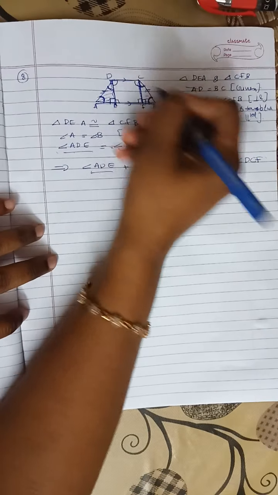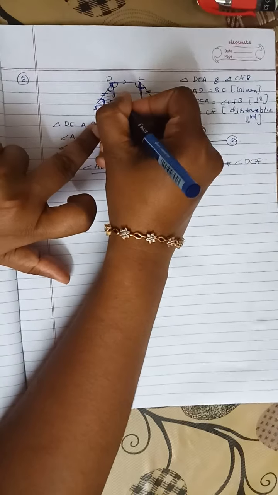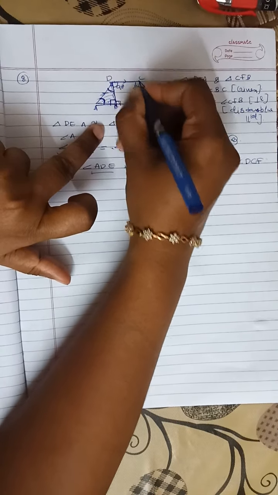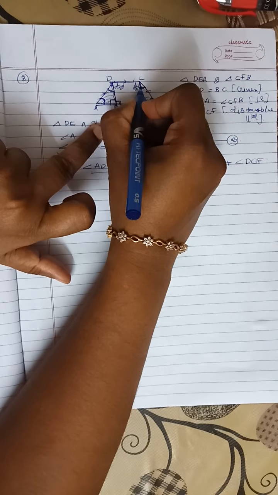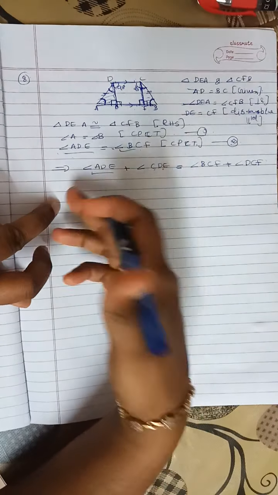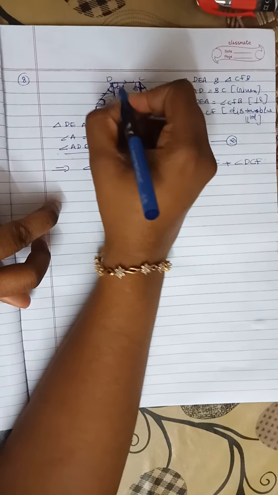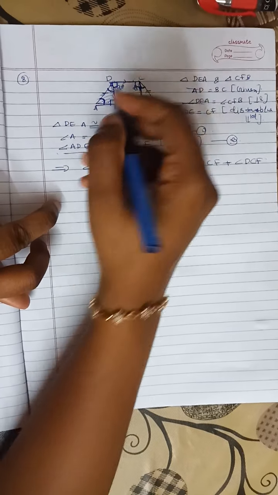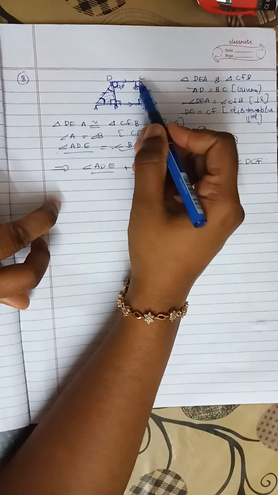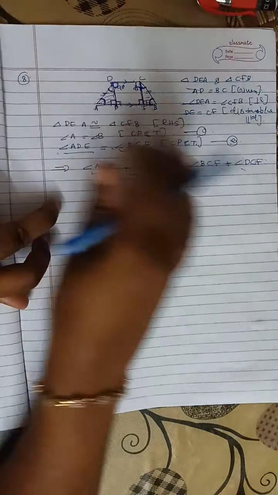If these two are perpendicular lines, here it makes 90 degrees, just like that here also it makes 90 degrees, because these two are parallel lines. So I am adding 90 degrees on both sides, so it will not make any change. Instead of writing that 90 degrees, I am writing the adjacent angles: ADE plus CDE here, and BCF plus CDF here, added 90 degrees on both sides.